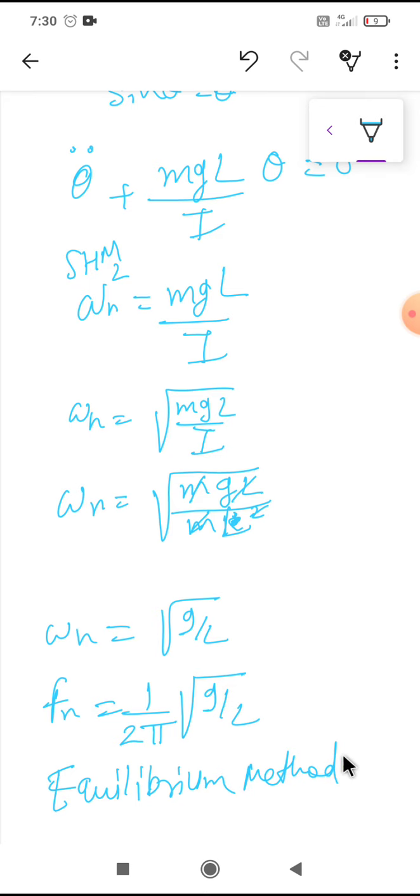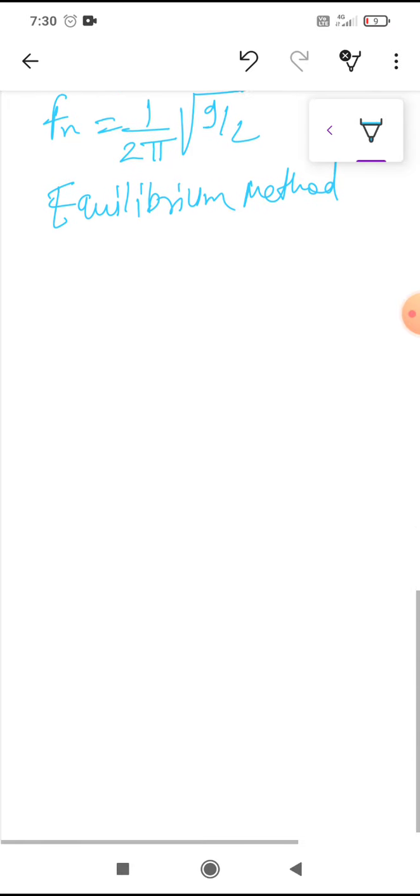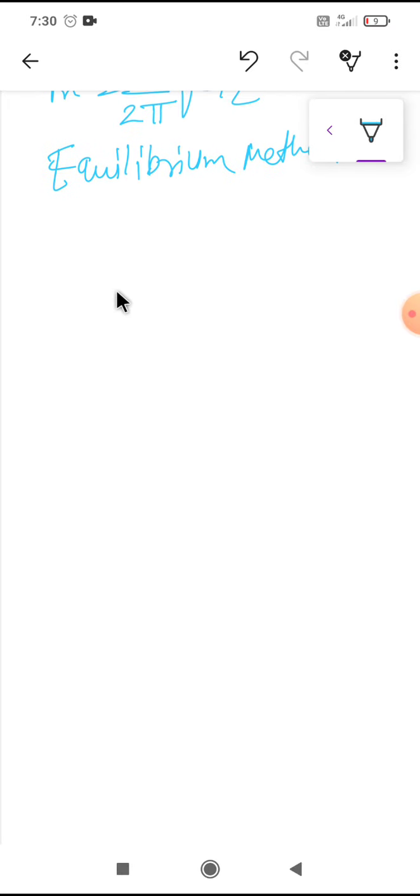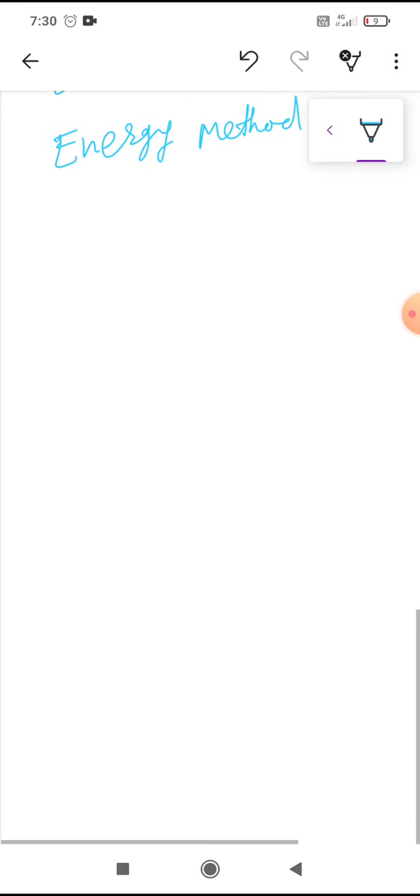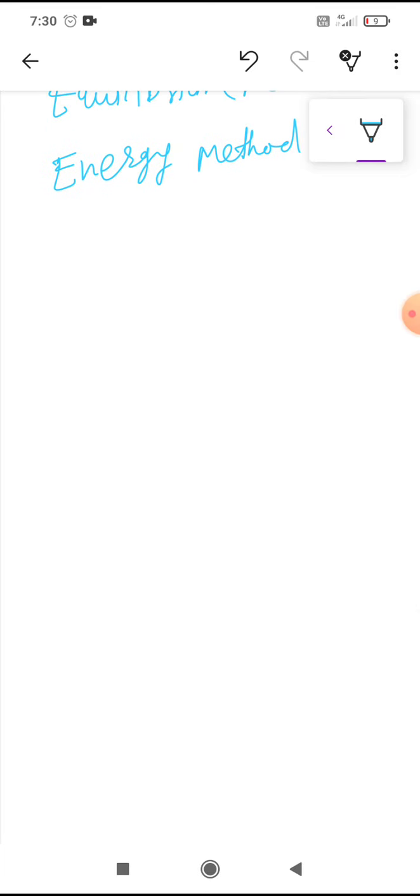But now we will use another method, that is the energy method, to find the same equation and to derive the result. So in this case I will again draw the diagram, that is a simple pendulum.